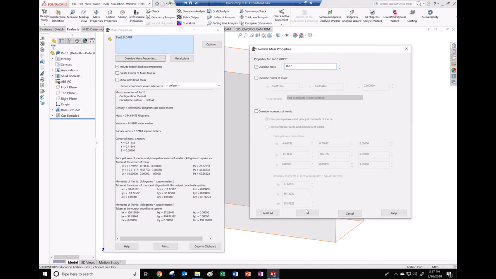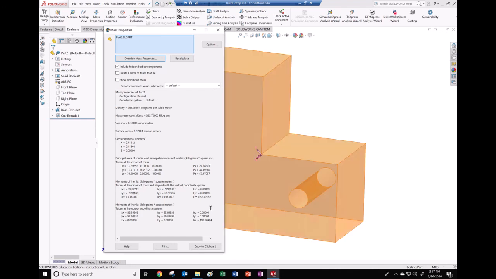All right, so I'm allowed to override that, and we could check this out. And down here is the mass moment of inertia in kilograms square meters. Well, first off, let's take a look at the location of the center of mass right there.